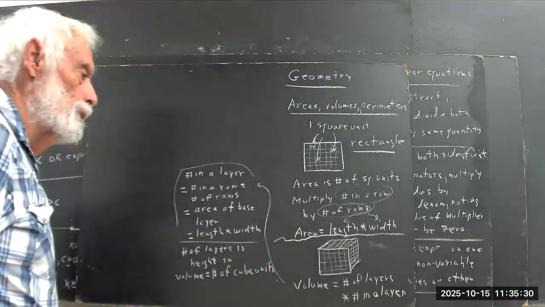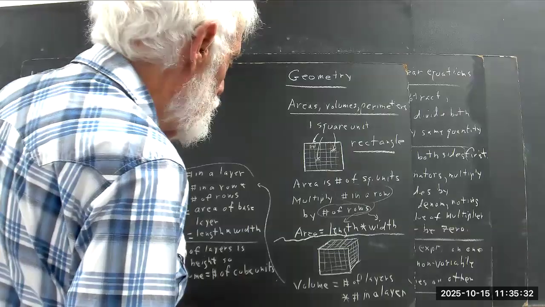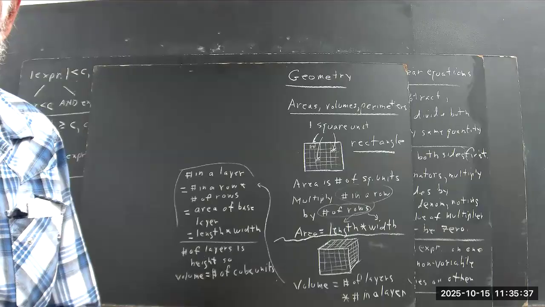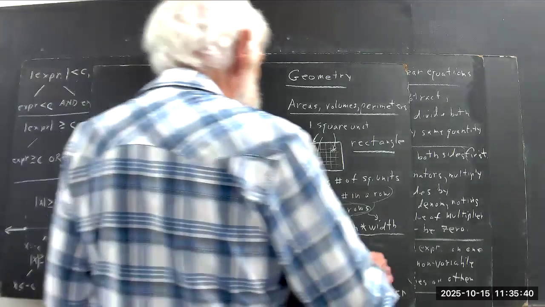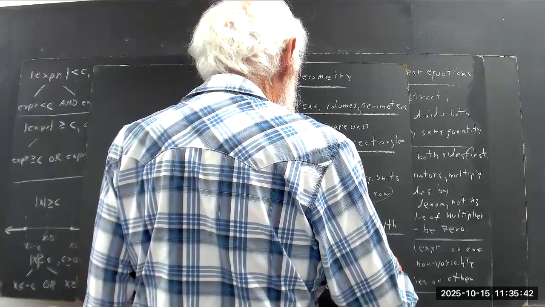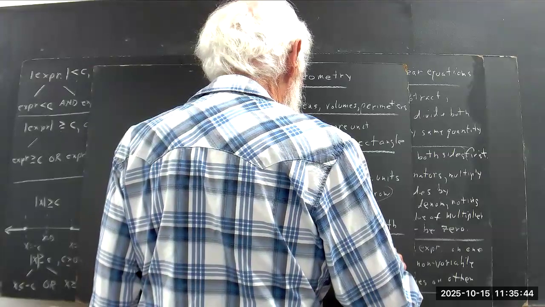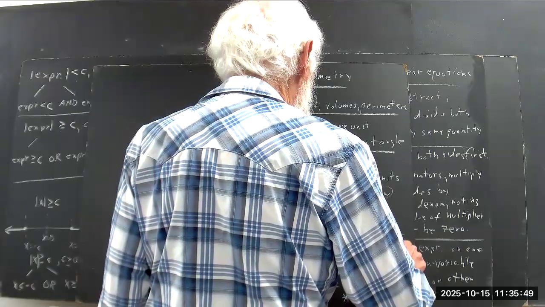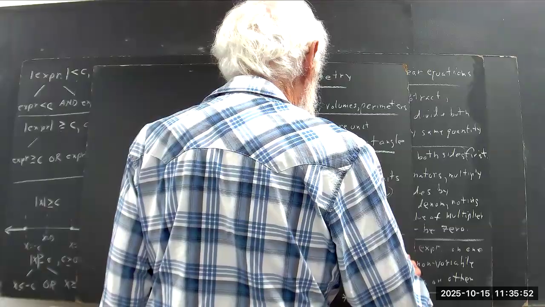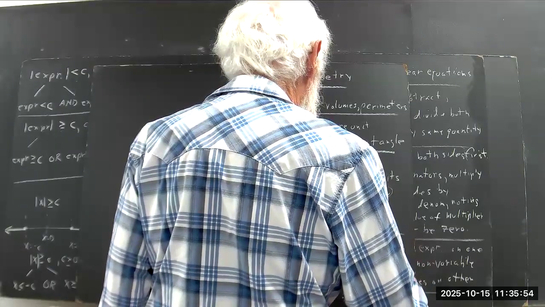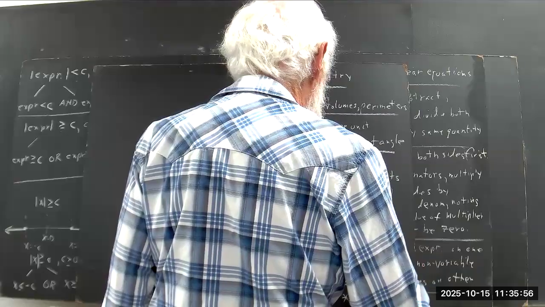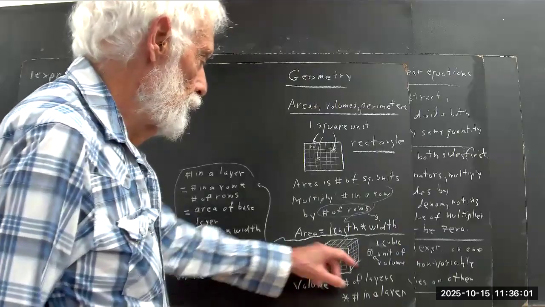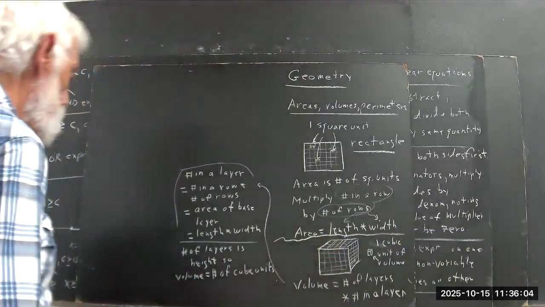Okay, the volume's the number of cubic units. You can see that this thing would be divided into little cubes, and that's a cubic unit. So that cube could fit into here as one of the cubes.